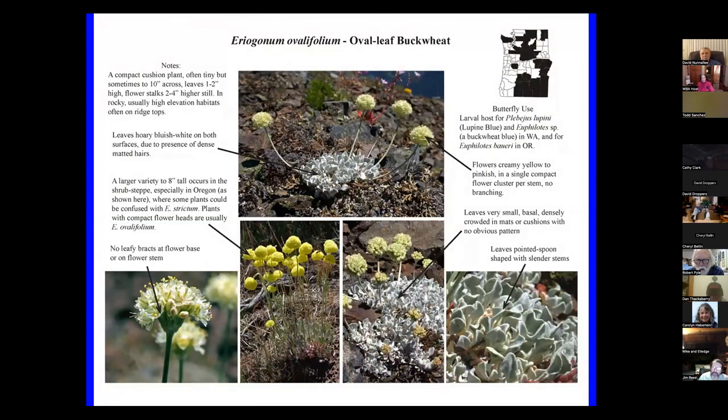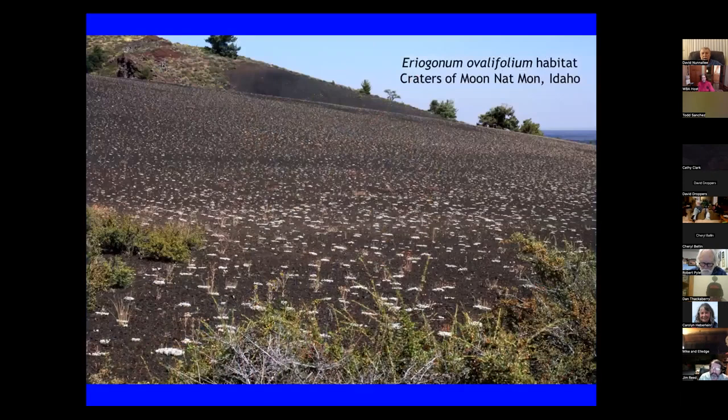Eriogonum ovalifolium, this pretty little plant grows mostly at higher elevations. Has these nifty little basal leaves and these naked stems going up to little pom-pom flowers. We have 3 varieties in Washington. Ovalifolium flats in some areas, like here at Craters of the Moon in Idaho.